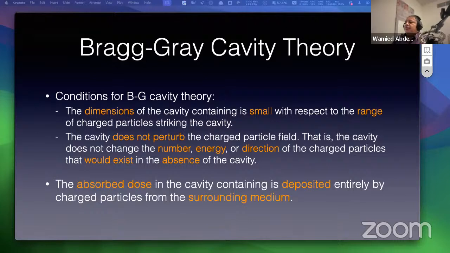For example, if we have a photon beam and the photons interact in the medium, they are going to create electrons. So the dose in the cavity is essentially deposited by these electrons generated in the surrounding medium. No photons interact in the cavity and produce electrons within the cavity.